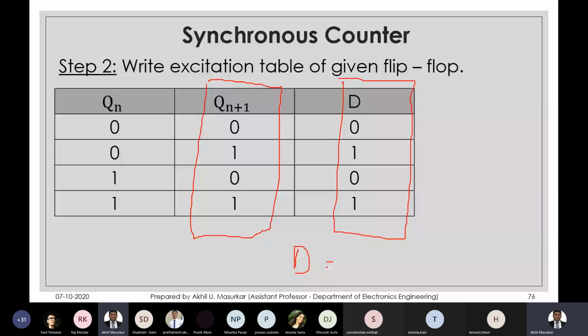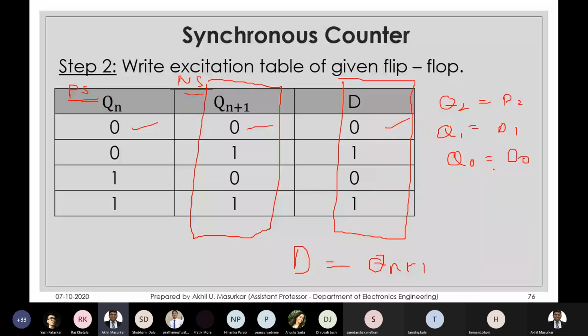We have the present state; from the state diagram we can define the next state, and based on these values we can define the value of D. But D is exactly equal to Qn+1, so whatever is Qn+1, we just copy it into the corresponding D. So Q2 will be D2, Q1 will be D1, Q0 will be D0. I'm just repeating this for your sake. So step 2 is just the excitation table of the D flip-flop.